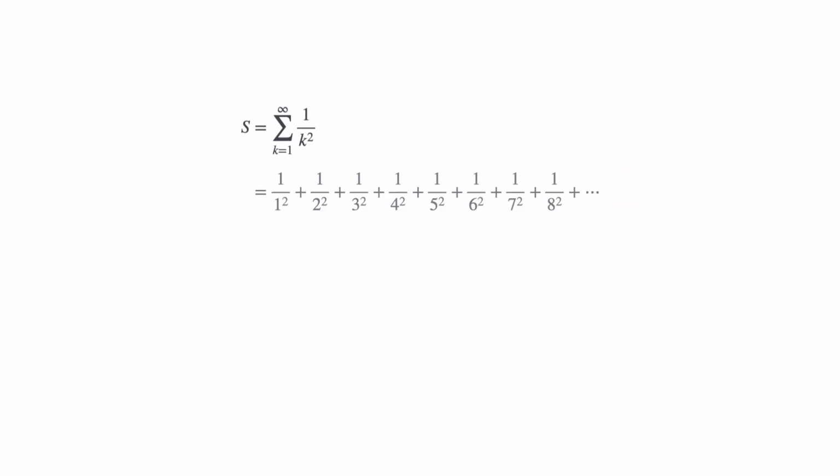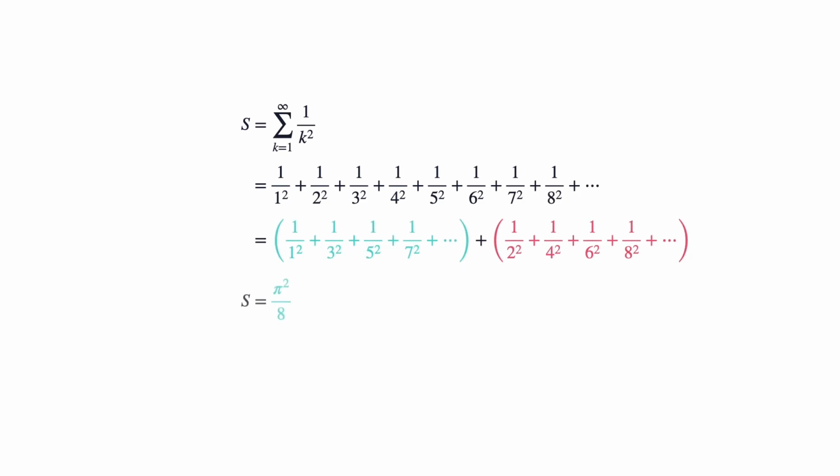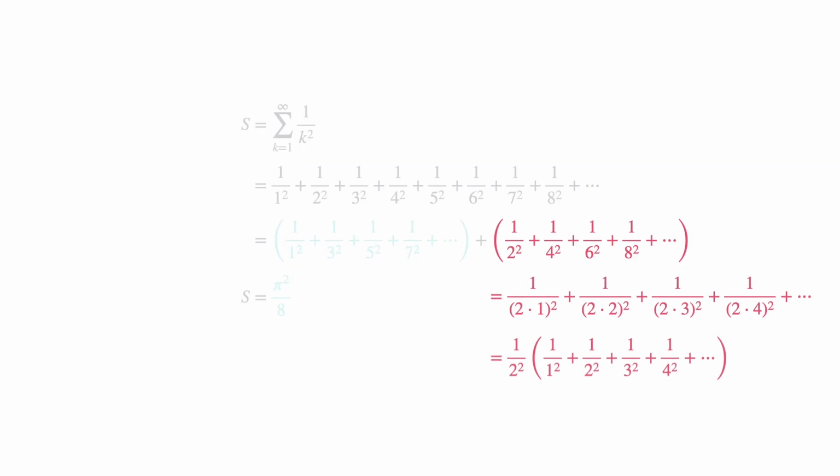Let S be our sum over all positive integers. Separate S into odd and even terms. We know the odd part equals pi squared divided by 8. For the even part, notice that the denominator contains a factor 2 squared. Factor this constant. Now the series looks familiar.